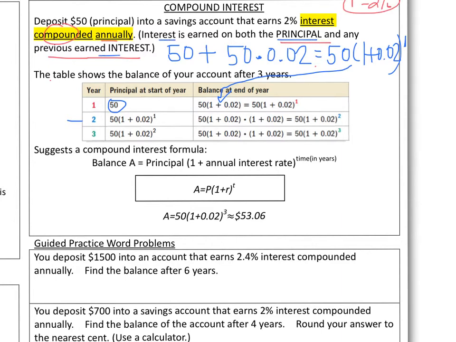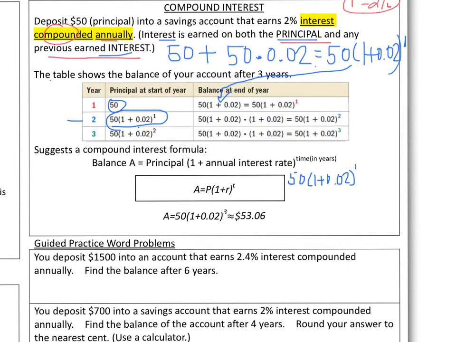Now, for the second year, remember, for compound interest, you earn interest on both the principal and any previously earned interest. So you need to take 50 times 1 plus 0.02 to the first power. I'm going to rewrite it right here to show you how this works. 50 times 1 plus 0.02 to the first power.